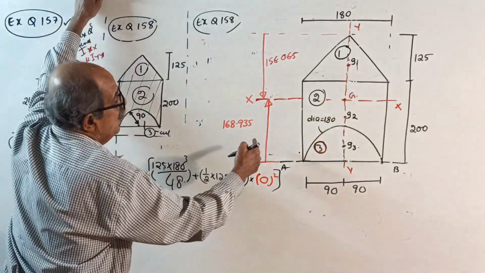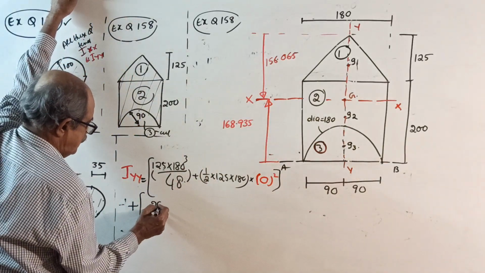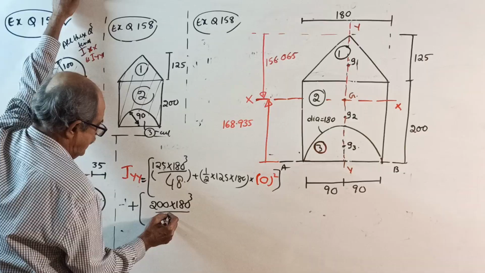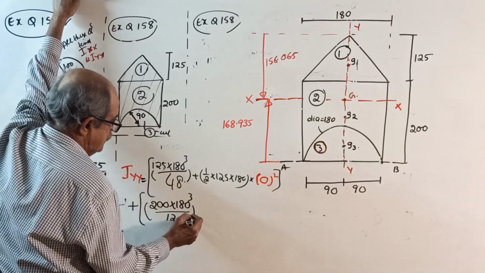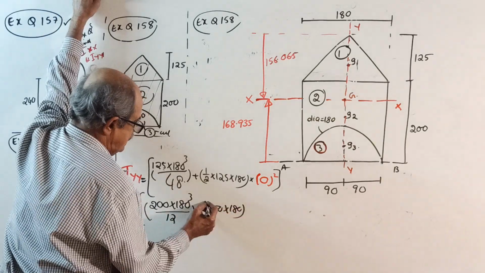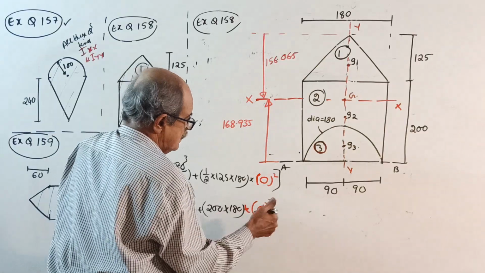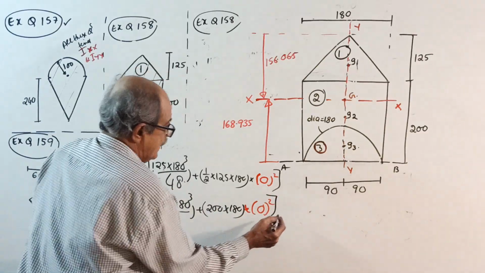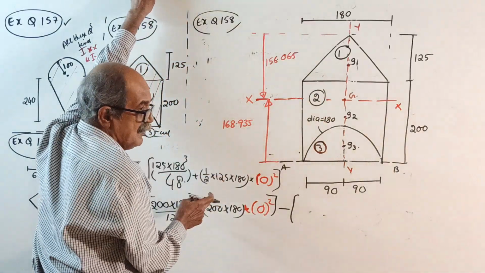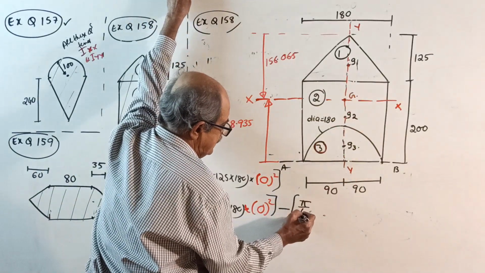Plus 200 into 180 cube divided by 12, I_G, plus area, 200 into 180 is the area, into once again 0 square. Minus, I write here, minus I_Y for 1 plus I_Y for 2 minus I_Y for 3, pi by 128.